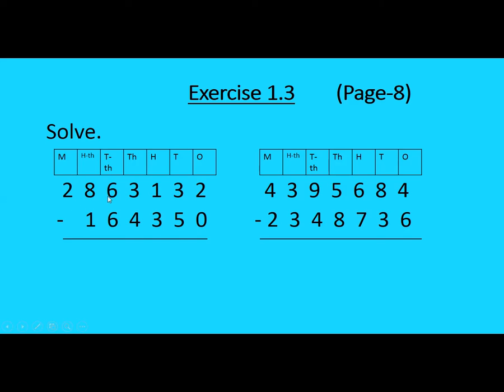When you write any value, first of all you can make a place value chart, so that it would be easy for you to write the numbers according to their place value. So here is a chart: ones, tens, hundreds, thousands, 10,000s, 100,000s and millions.